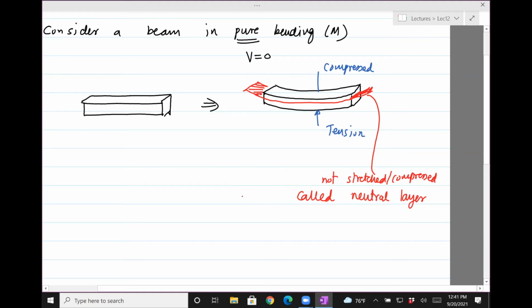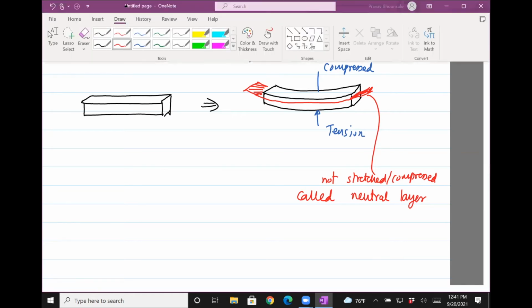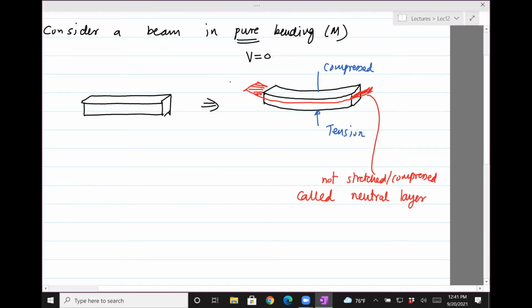And then this axis is called the neutral axis. So I can as well draw a line like this. This axis is the neutral axis. Okay, the axis which harbors the neutral layer, or the layer where there's no stretching or compression when a beam is subjected to pure bending.